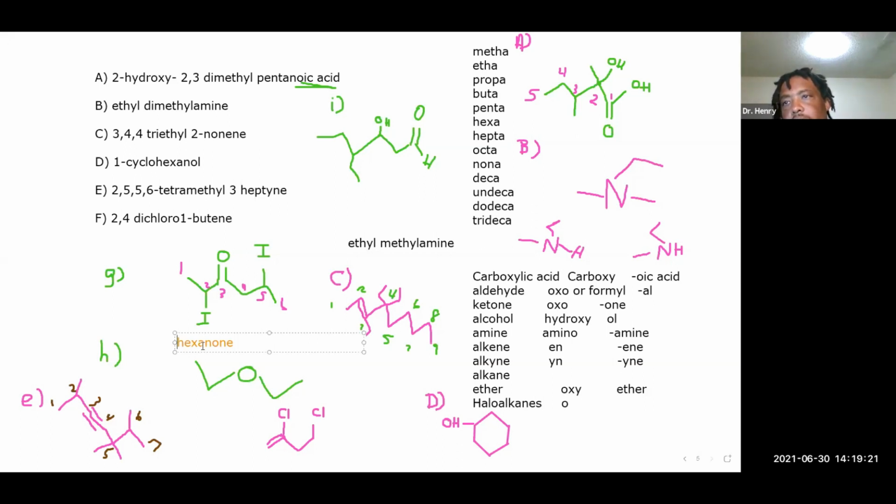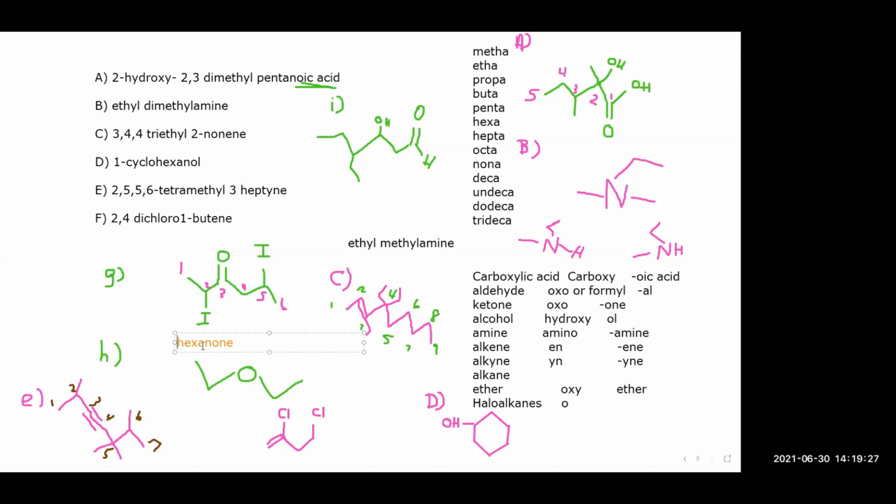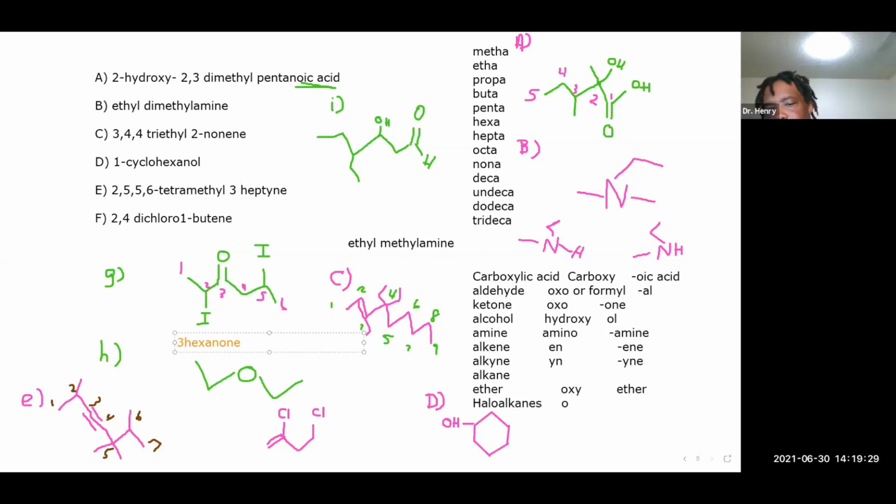Am I done? So where is that one at? It's on the 3, so I need to put that in there. And then anything else? What about these I's? What are those going to be called?